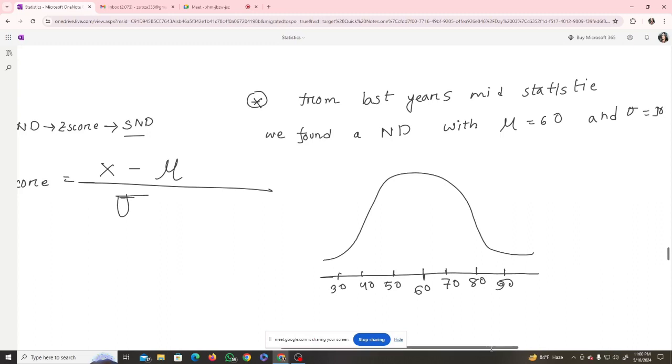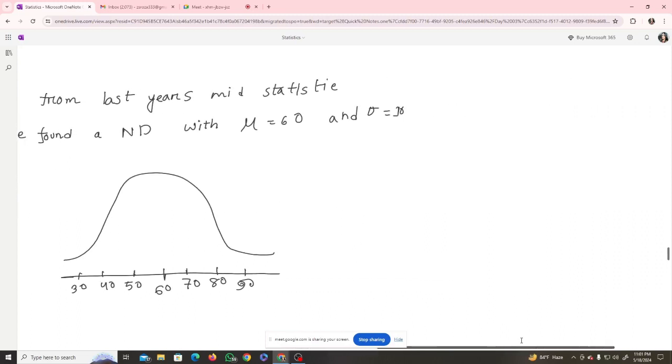Correct? As you can see, in this distribution, the population mean is not 0, and we also don't have the standard deviation as 1. So this is a normal distribution, and to convert this to a standard normal distribution, we will use z-score.